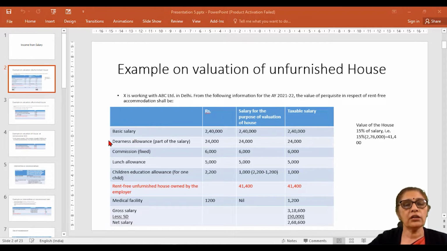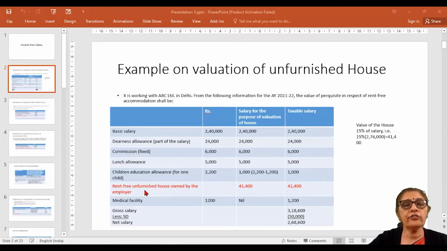Now, as per the information that we have, the salary components are basic, 2,40,000, DA, which is part of the salary, 24,000, fixed commission, so it's not a percentage of turnover, but fixed commission, 6,000, lunch allowance, 5,000, children education allowance for one child, 2,200.